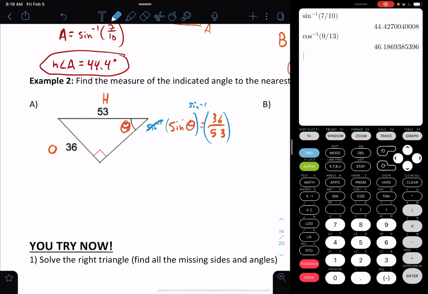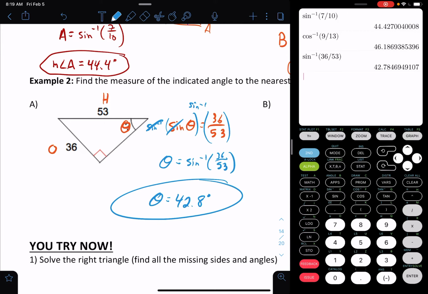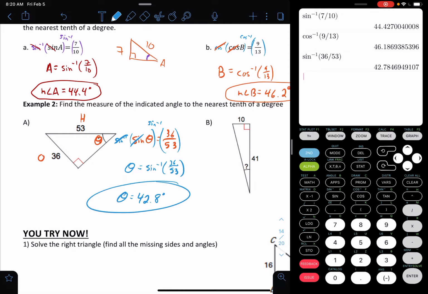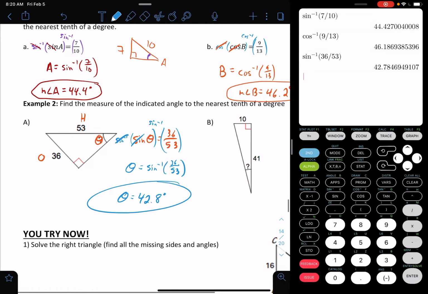That cancels out the sine, so I'll get theta equals sine inverse of 36/53. So we get second sine, 36 divided by 53, and I'll get theta equals 42.8 degrees. So that's the theta there.